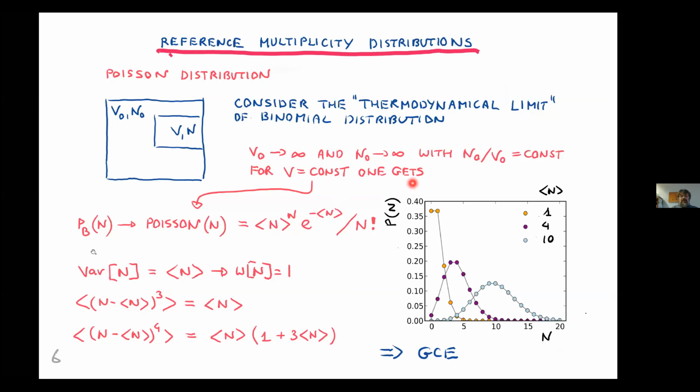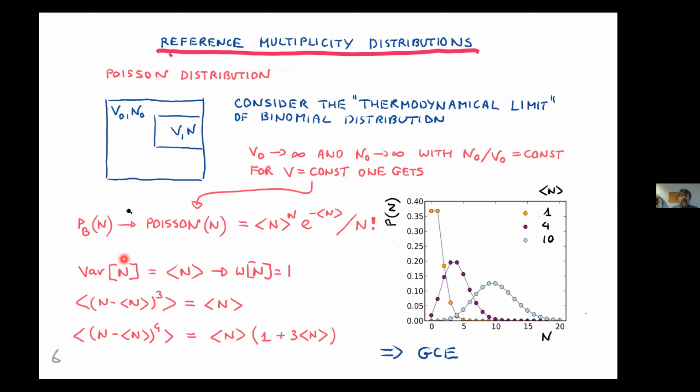So what happens is that our binomial distribution approaches the Poisson distribution. You also know it perfectly well. The variance is equal to the mean, so the scaled variance is 1. Higher order moments you can calculate. And this actually brings us very close to the predictions of the statistical models in the grand canonical ensemble. The most naive prediction is just that the scaled variance is equal to 1.